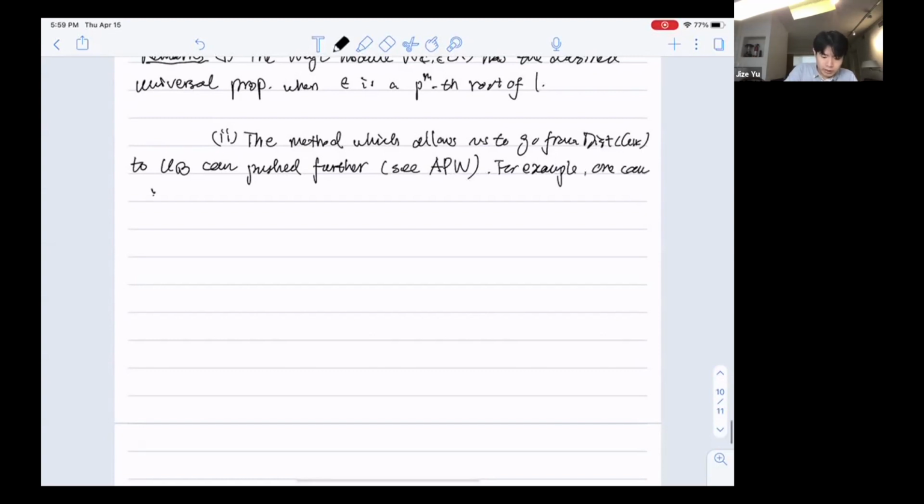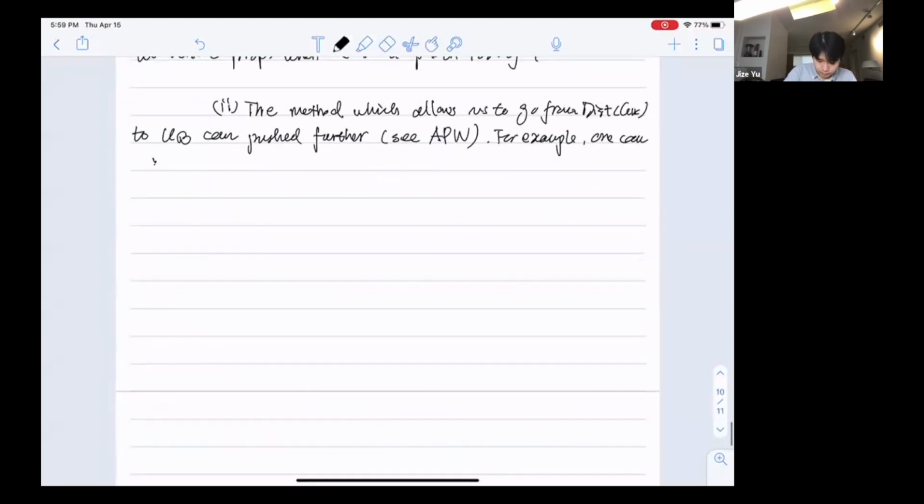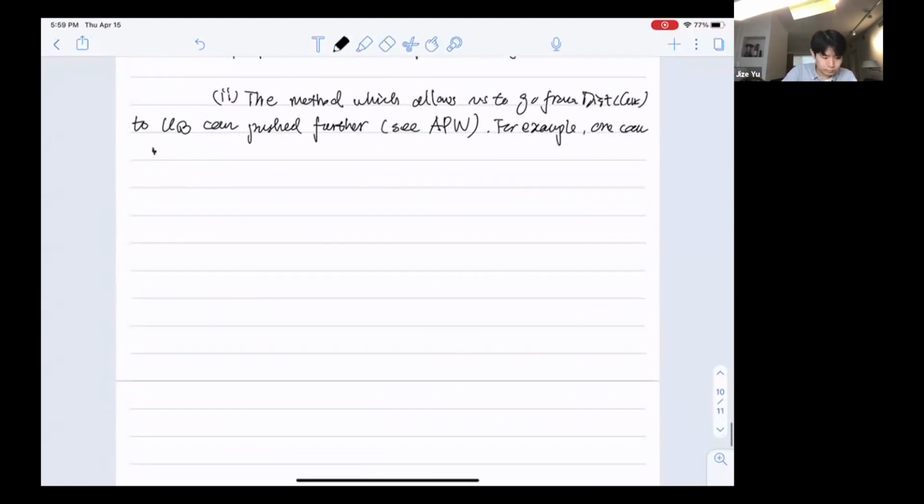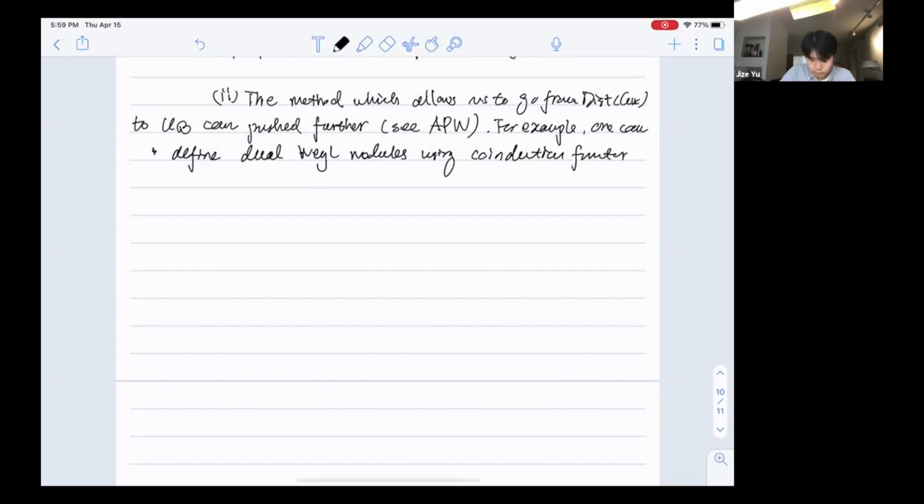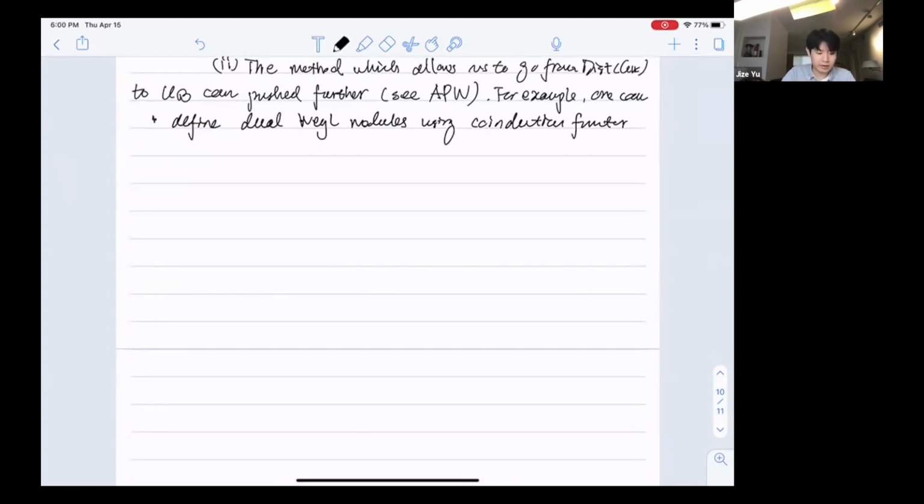We can define dual Weyl modules via some co-induction functor, which we will not introduce.